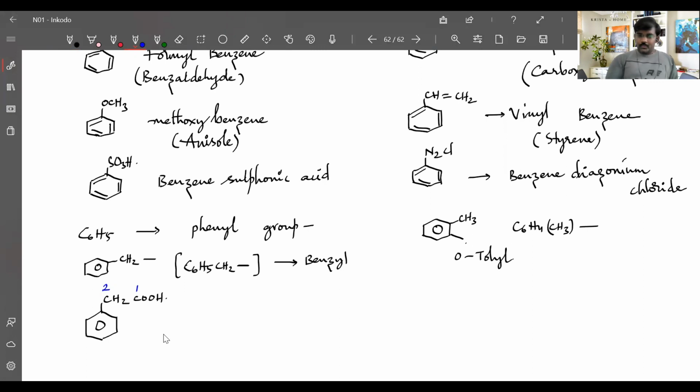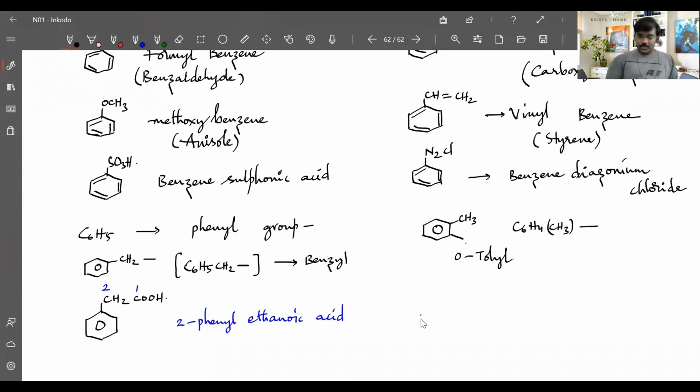So the benzene ring will be a substituent only. We can write this compound name as 2-phenyl ethanoic acid. The benzene ring cannot be the parent chain in that case.